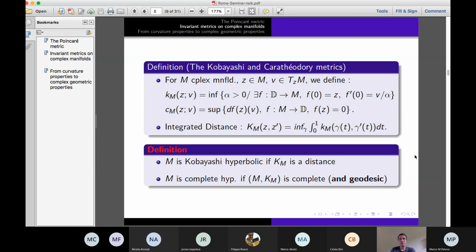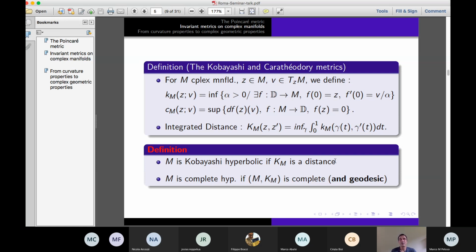So now, just one or two definitions. We say that M is Kobayashi hyperbolic if the distance we defined just above is really a distance, and it will give the topology you want on your manifold. And you say that M is complete hyperbolic if the metric space M, your complex manifold with the distance K_M, is complete.